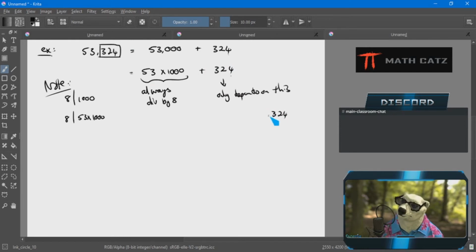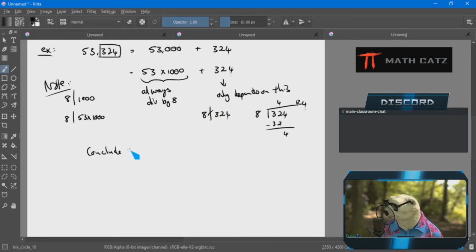And I can very easily do that. I don't even have to do a full division. 8 goes into 32 4 times. 4 times 8 is 32. Then I have 4 left, so there's going to be a remainder of 4. So 8 does not divide into 324, and I can conclude that 8 does not divide into my original.